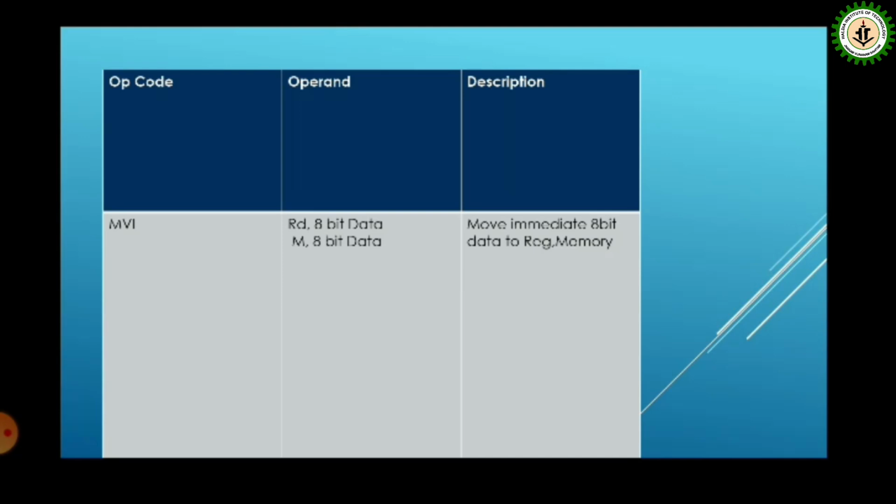Now, M is called memory. Memory register, it is a dynamic register. When I discussed general purpose registers, I discussed the registers BC, DE, HL. BC is a register pair, DE is a register pair, HL is also a register pair.